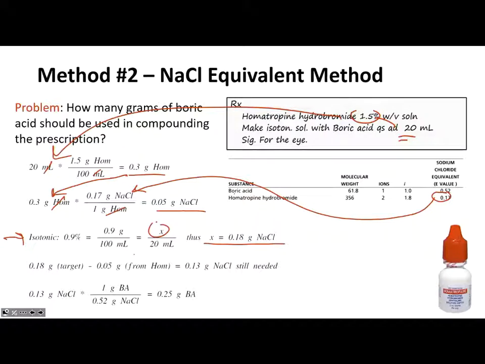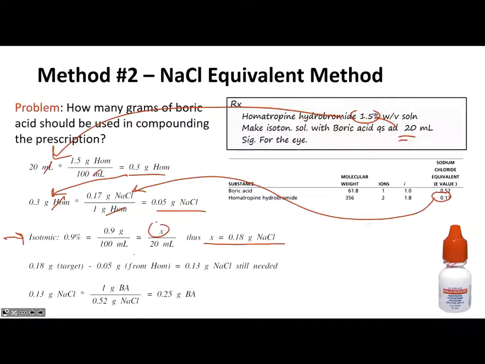Is everyone okay with that? I don't want to freak anyone out here. 0.9 grams in 100 mils is the same as only having 0.18 grams if you're only making 20 mils. So that's the amount of sodium chloride needed to make 20 milliliters isotonic.